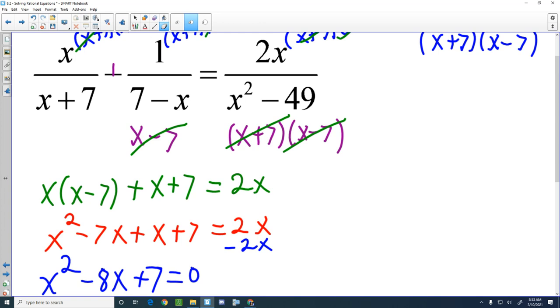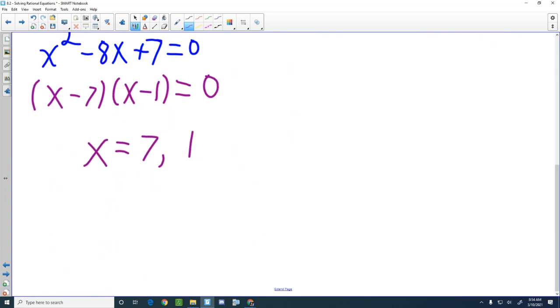A 7 would, wouldn't it? This middle term, if that x were 7, what is 7 minus 7? That's a 0. So if 7 were a solution, I get 1 divided by 0. That can't happen. You're not allowed to divide by 0. So this is actually not a solution. That's extraneous. 1 is actually our only answer.